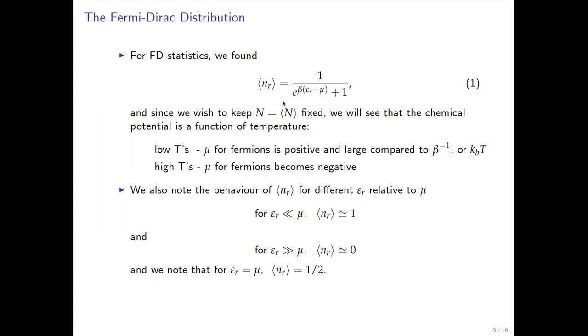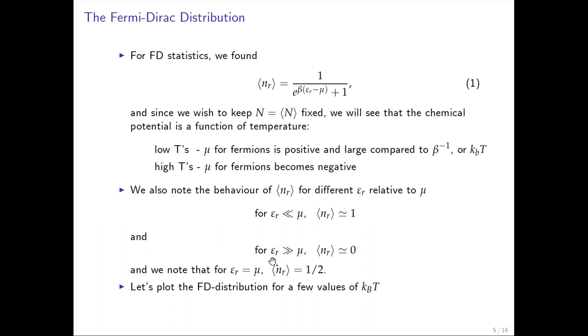Let's also think about the behavior of the mean occupation number for different epsilons relative to the chemical potential. Let's look at this formula here. When epsilon is much, much less than mu, that is, the energy of this state is much less than the chemical potential, then this basically becomes 1. Let's take a minute to understand how that works.